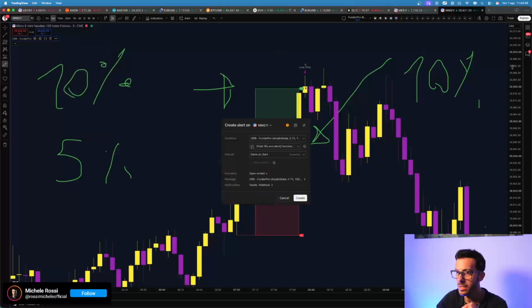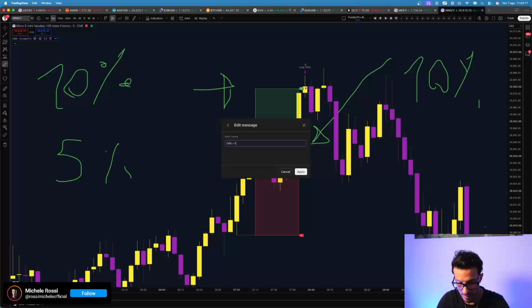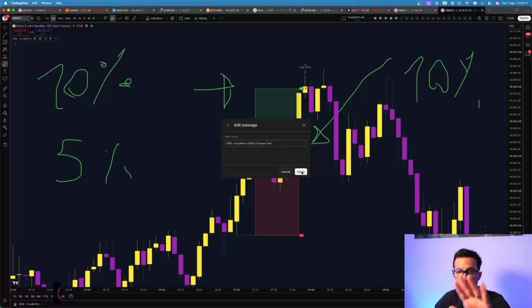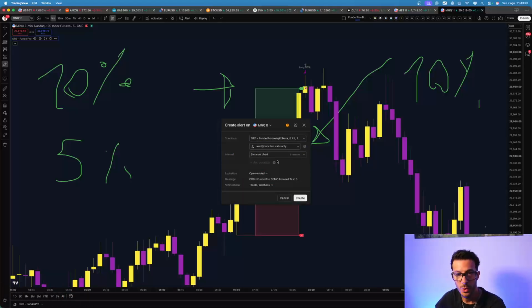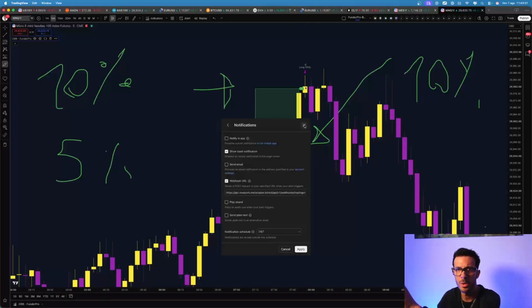We had an alert with the ORB. We included everything, function called alerts only, and we're going to call it ORB x Funder Pro demo forward test. We're going to create the webhook with the meta copier. This is what I use, but you can find your own. There are thousands available where you set up your account.